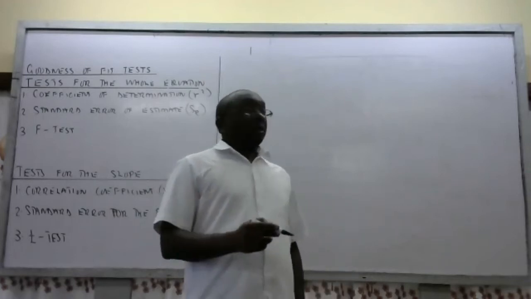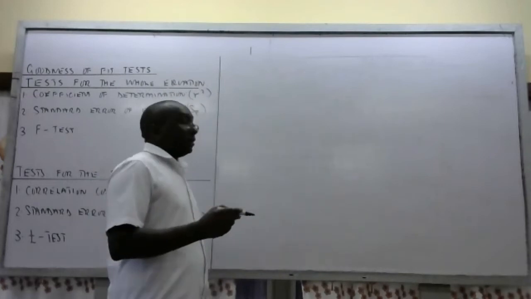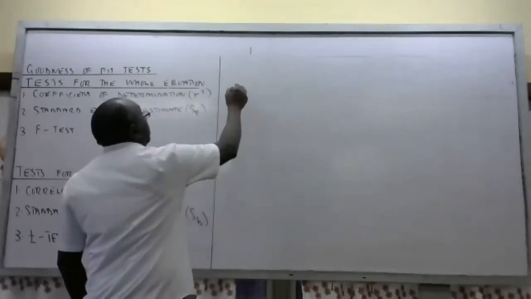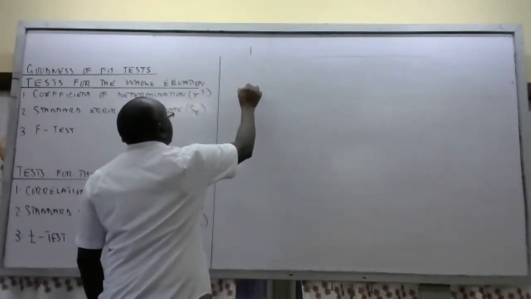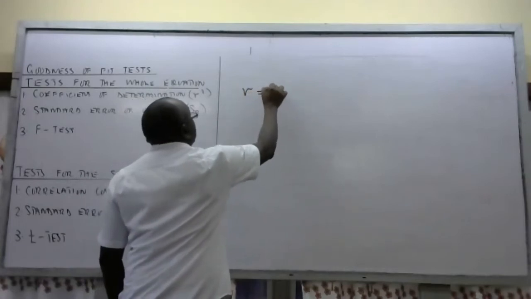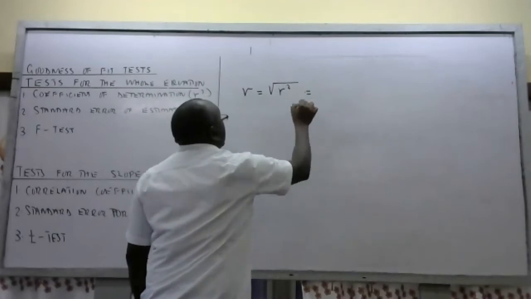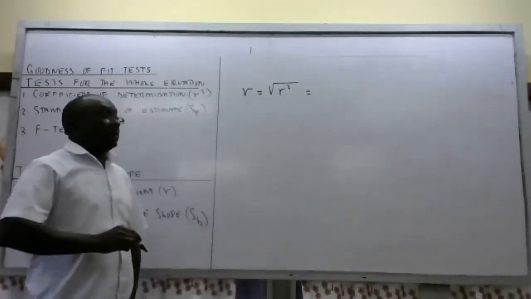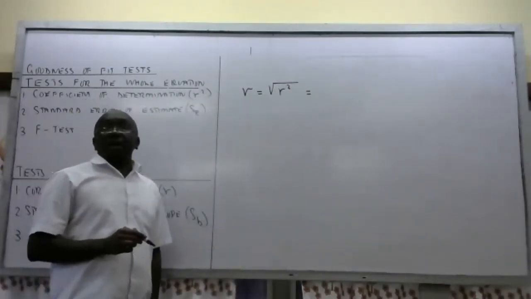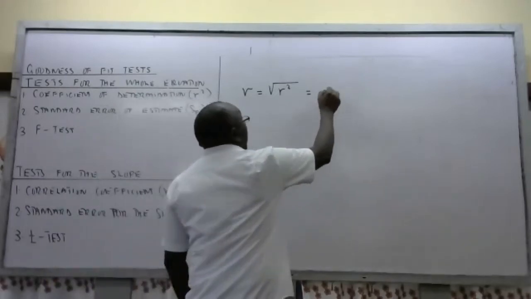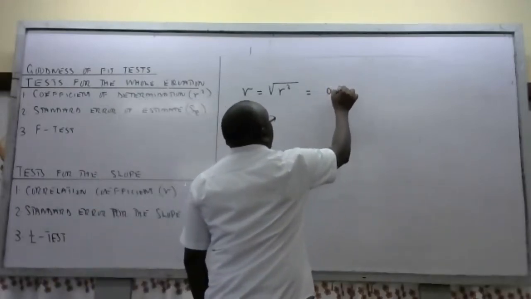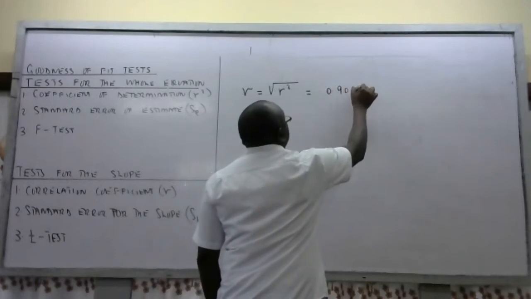First of all, it's computed as R is the square root of R squared. So our R squared we had gotten 0.9067.